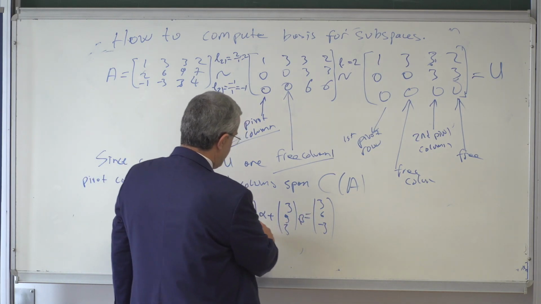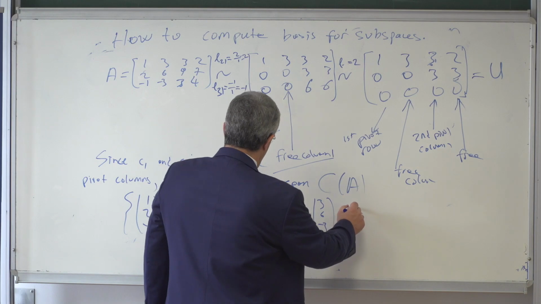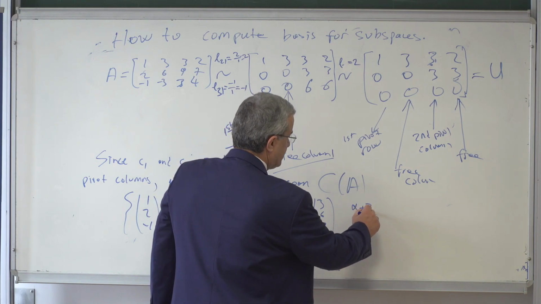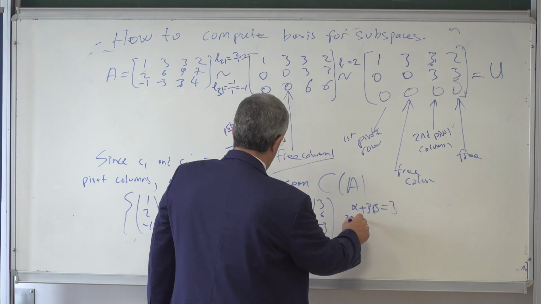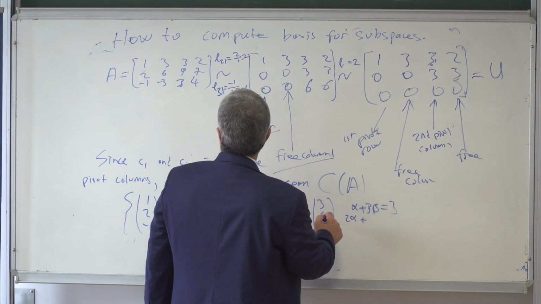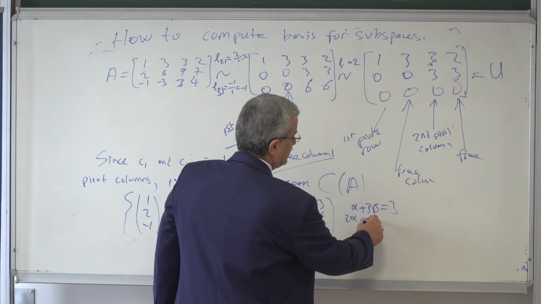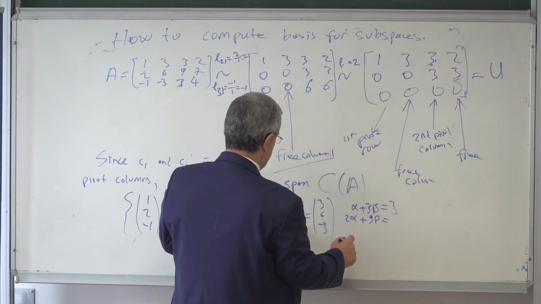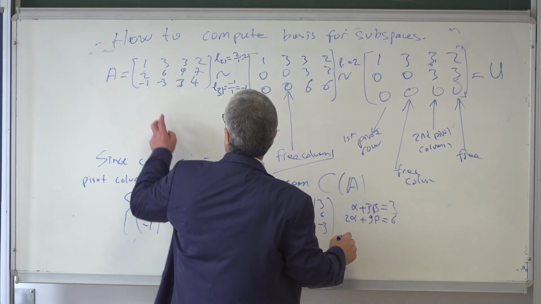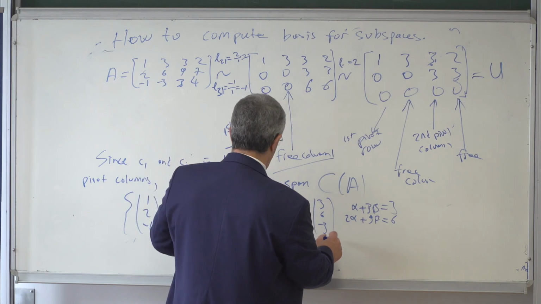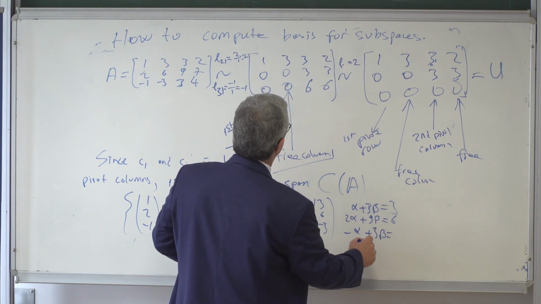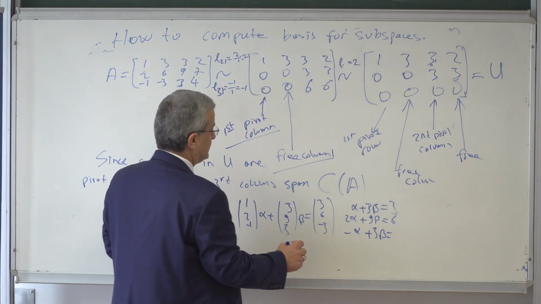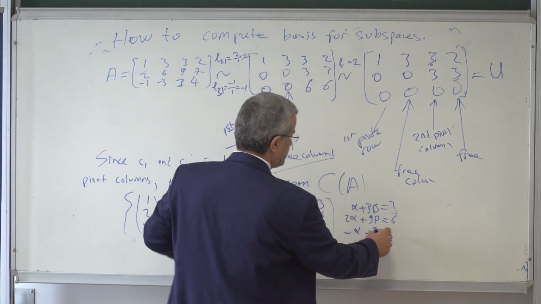So what would I obtain from here? Alpha plus 3 beta is 3. 2 alpha plus 9 beta is 6. And minus alpha plus 3 beta is minus 3.